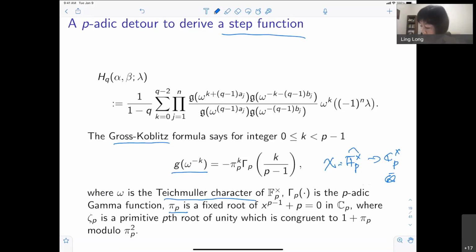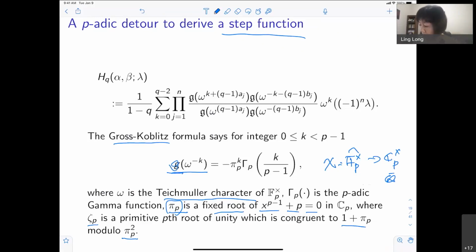So there will be this power pi_p, a fixed root of x to the p minus 1 plus p equal to 0 in C_p. The primitive p-th root is chosen so that it is congruent to 1 plus pi_p modulo pi_p squared. If you do such careful patching, the result will be the Gauss sum.